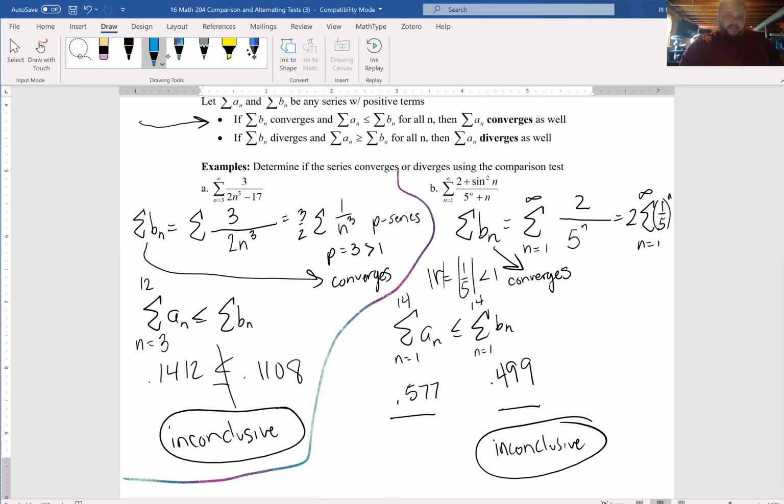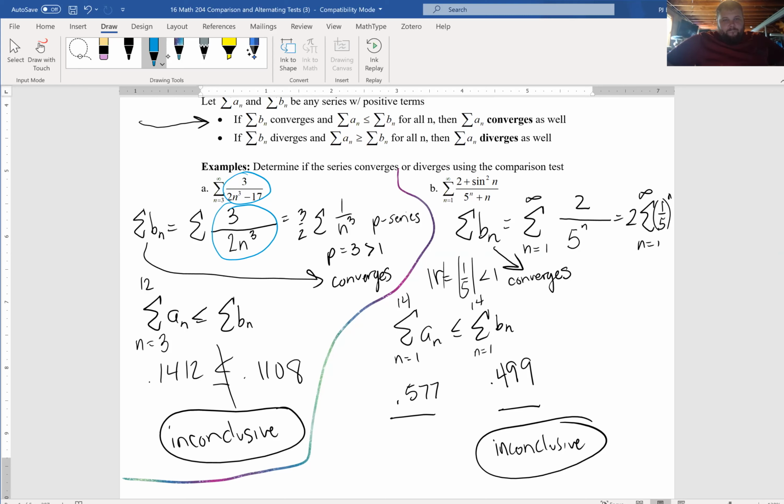So if you look at this and you look at what we came up with for this, the A sub n, the denominator is going to be smaller for every one of those terms because I'm subtracting 17 from it.